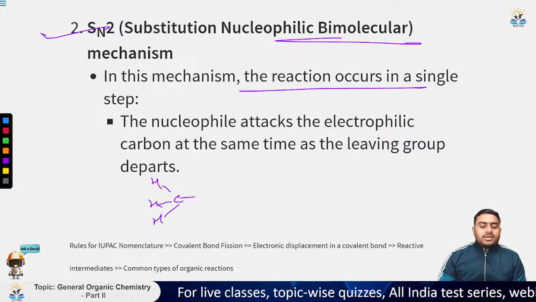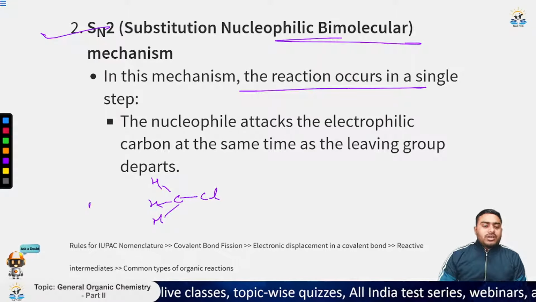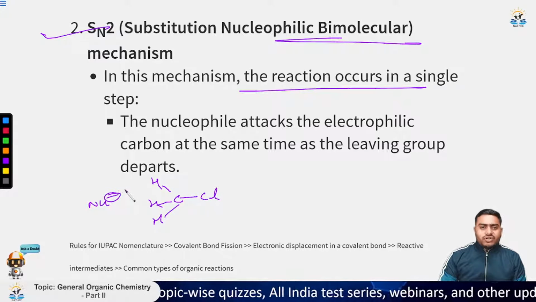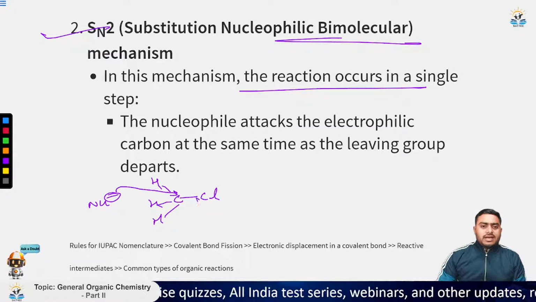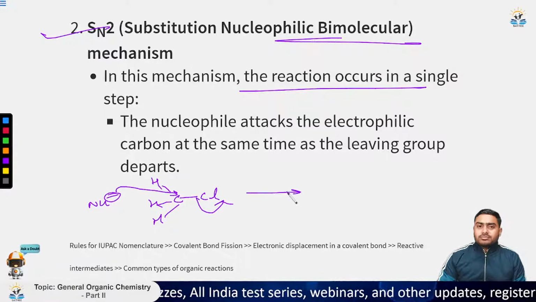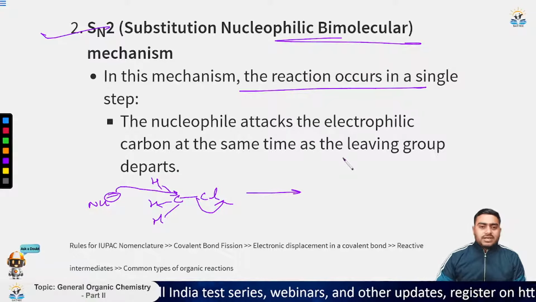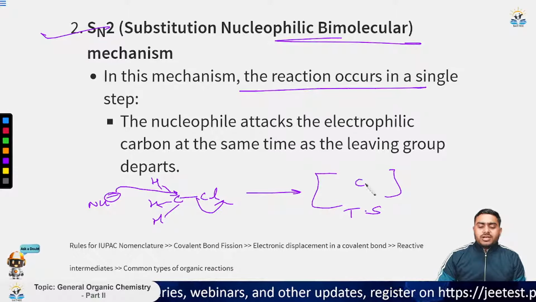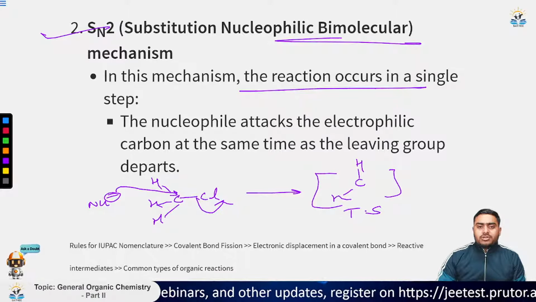Okay, and you can see there should be like chlorine. Then the nucleophile comes and attacks majorly from the backside, like 180 degree. Okay, and it will attack like this, and it is like a concerted reaction. That means in a single step it is taking place. Then there will be a transition state like this: carbon, hydrogen, hydrogen, hydrogen.